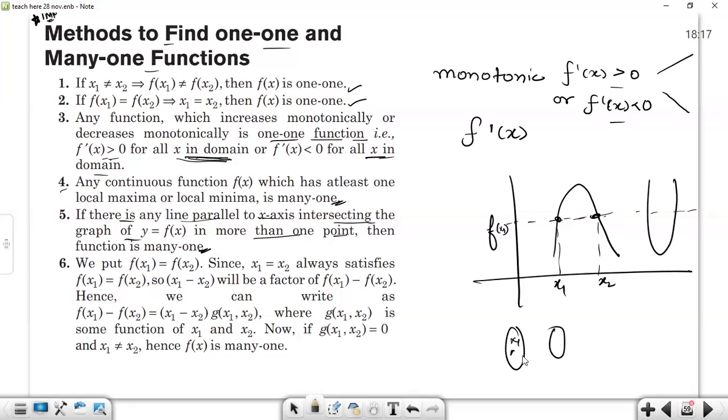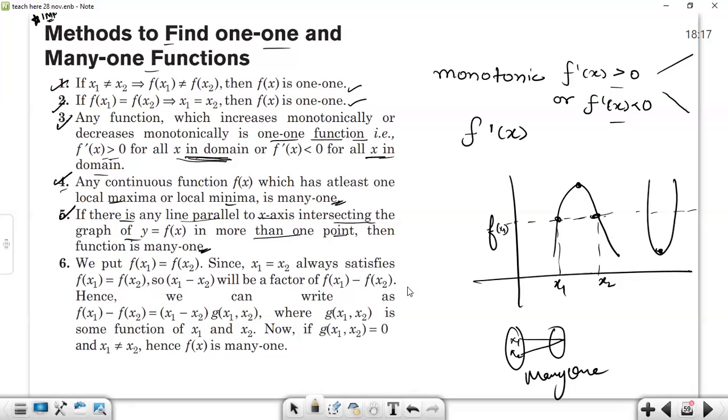For x1 and x2 there is the same output, so this is a many-one function. Clear? Yes, sir. And talking about local maximum and local minimum, this is the local maximum, this is the local minimum. So the function is going upwards, then coming downwards. That's why I have drawn the curve like this. Clear? Yes, sir.